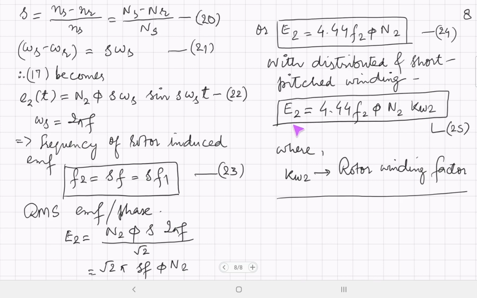Therefore the EMF induced per phase of the rotor will finally be given by 4.44 F2 phi N2 kW2, where kW2 is the rotor winding factor, which will in fact be equal to Kp2, where Kp2 is the pitch factor of rotor winding, into Kd2, where Kd2 is the distribution factor of the rotor windings.